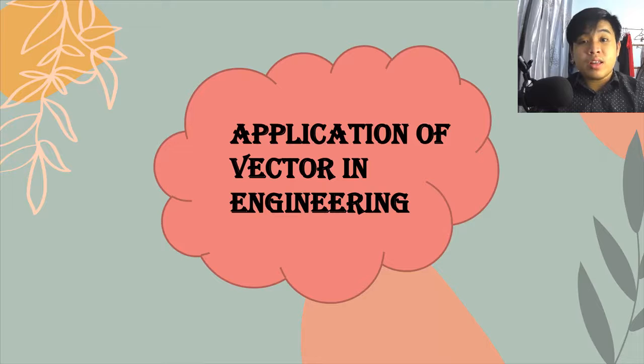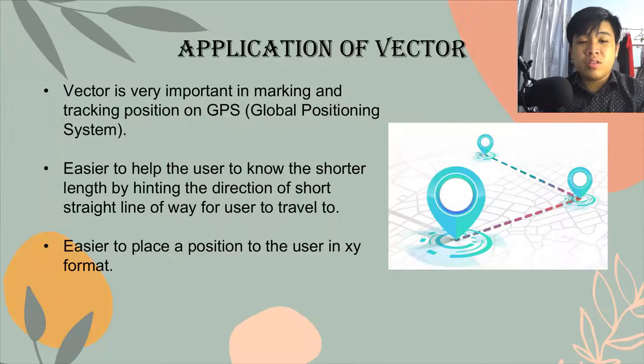I am Hafeezur and I'm going to talk about the application of vectors and also an example question. Vectors are very important in marking and tracking position on GPS, or Global Positioning System. Vectors in GPS make it easy for the user to know the shortest lane by showing the direction of the short straight line of the way for the user to travel, also known as coordinates.